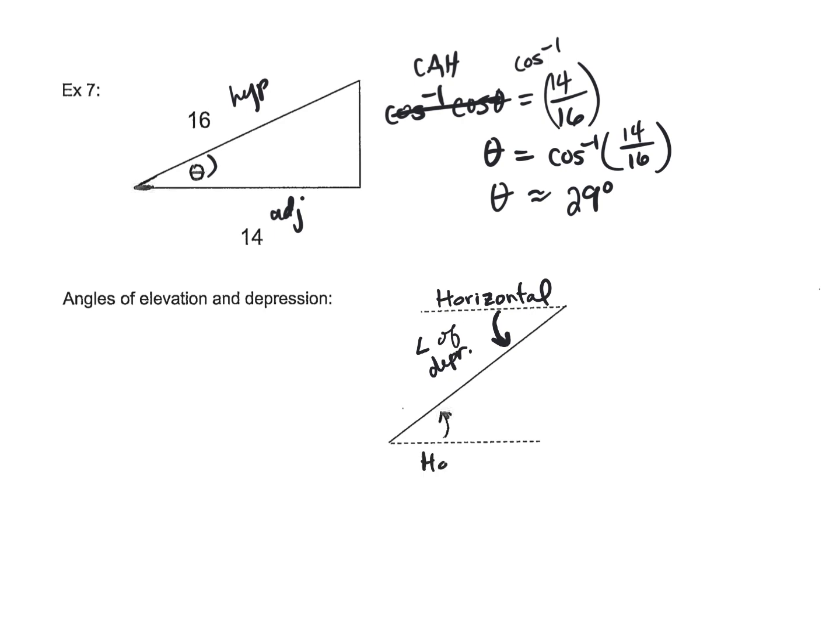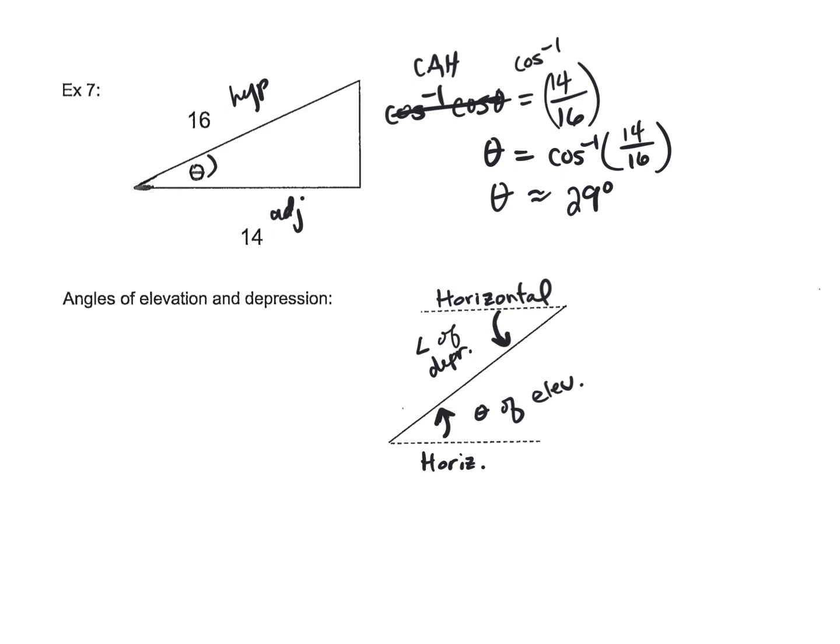And from the horizontal here, we are looking up. So this would be an angle of elevation, okay? Notice that they are the same. Does it not make sense? Think about looking at that top corner up there.